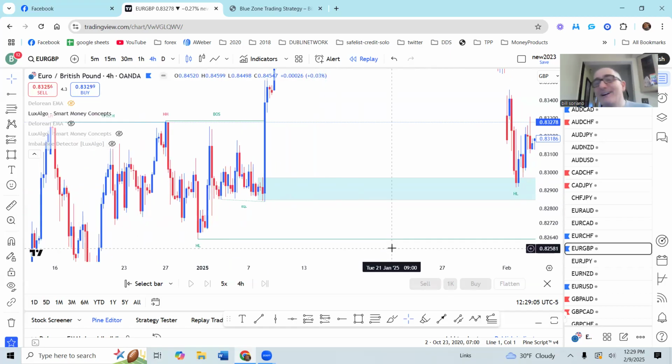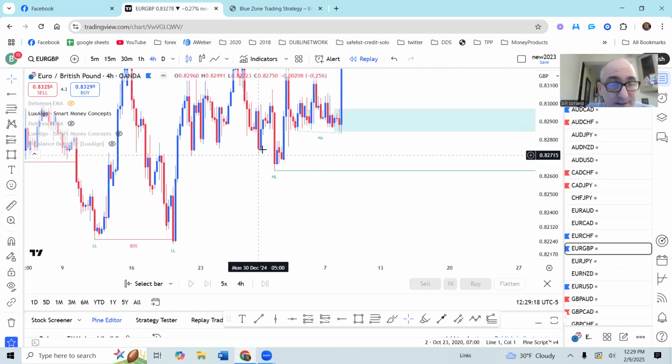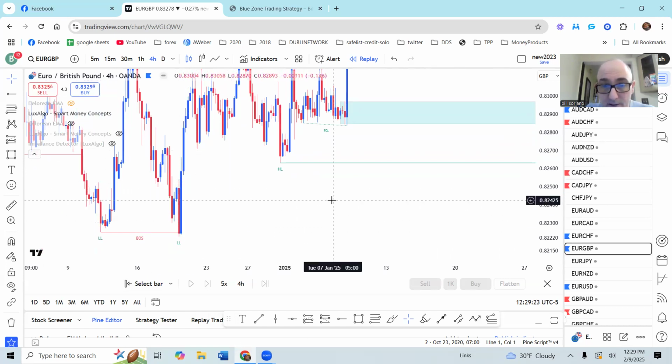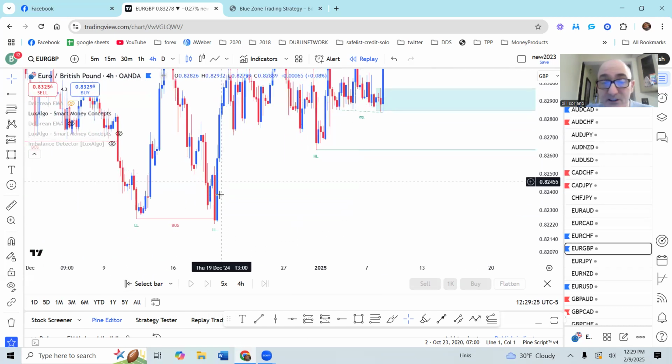Again, I got to find a better imbalance detector for you because once that imbalance is filled, then that area should disappear so that you're not tricked into thinking there's imbalance there. There's really no imbalance there, but there is some imbalance down here. And this would be the extreme area down here.